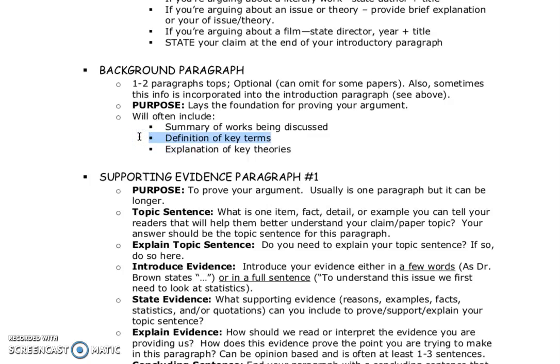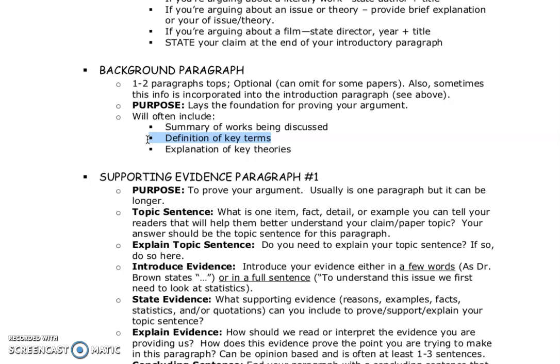That's really important. You should also include an explanation of key theories. That's also important. So for some of you, you're going to have key theories that you're going to mention as potential solutions or potential opposing viewpoints in your paper. Now, not everyone will have this, but a background paragraph is definitely helpful if you're explaining key terms, or if you're explaining the history of something.